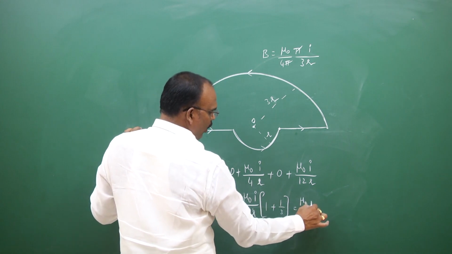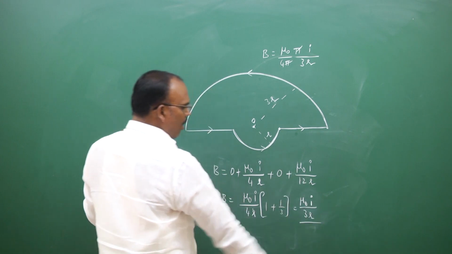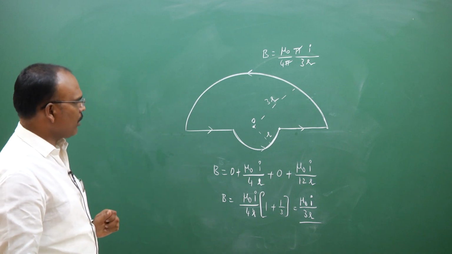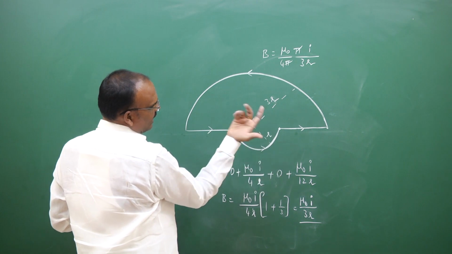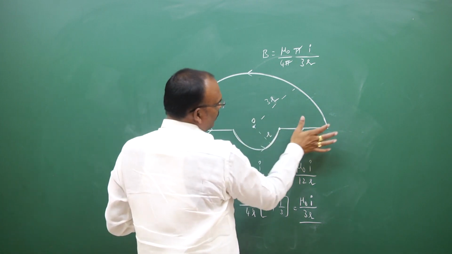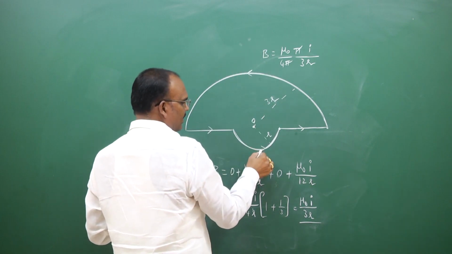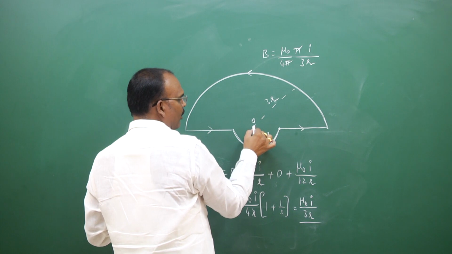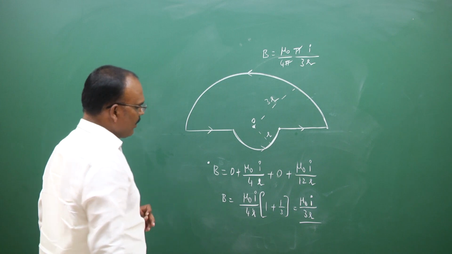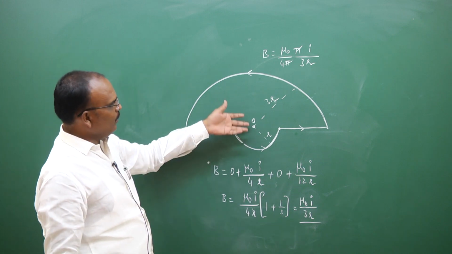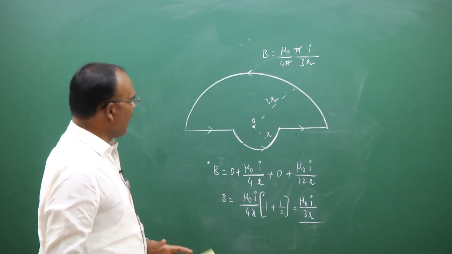So answer is mu naught I by 3r. Okay. Due to this conductor field, here is into, here is out. For this conductor field is here into, here also out. So this conductor and this conductor both are contributing, here field is outward. So I have added. Otherwise, if one is into, another one is out, then we should subtract. Okay. This is the answer.